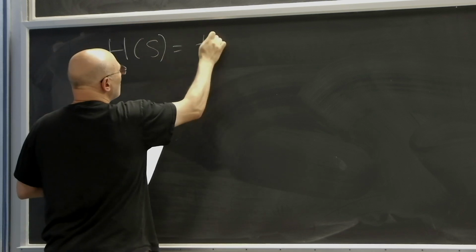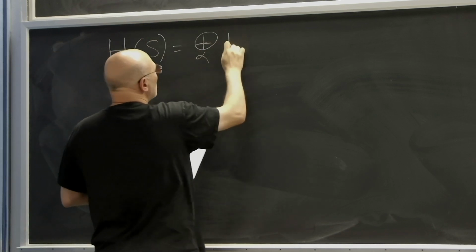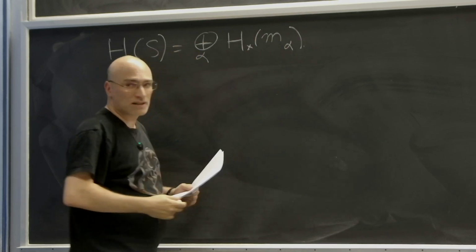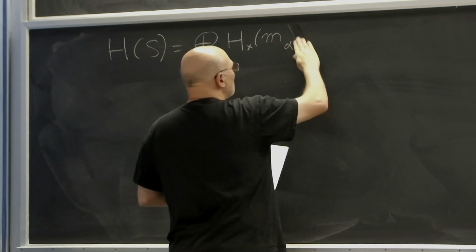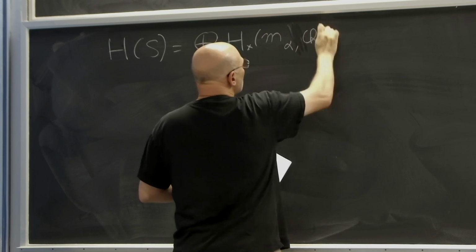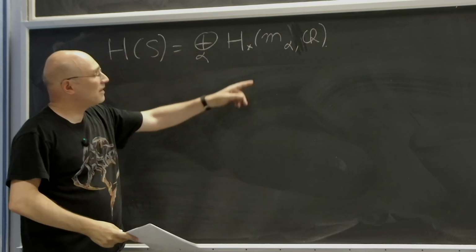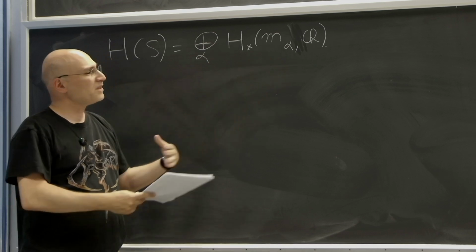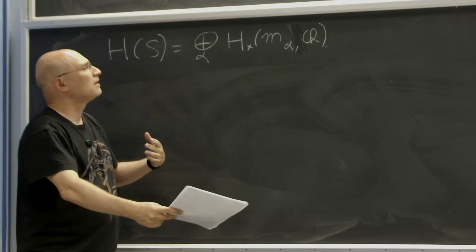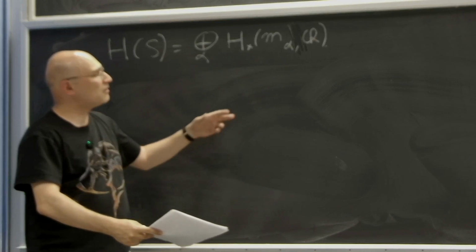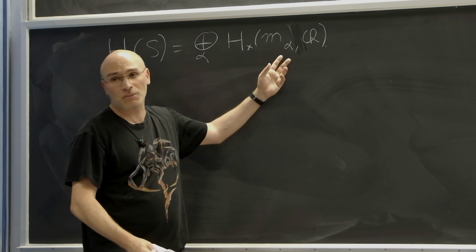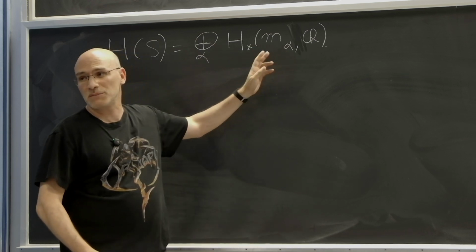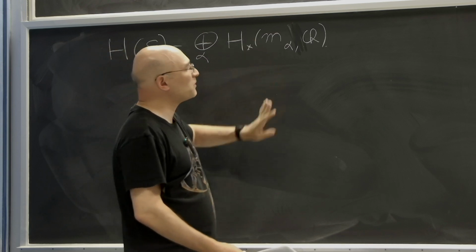This is going to be the direct sum for all classes of the homology of M alpha. Always here with Q coefficients. And M alpha is only locally of finite type, so this is really defined as the limit of homology of open, quasi-compact open substacks. And so this is a topological vector space, an infinite dimensional topological vector space.